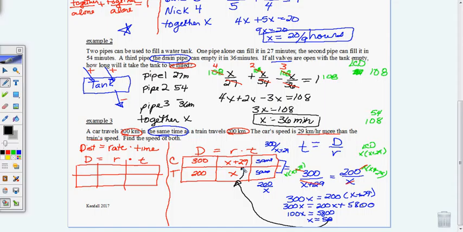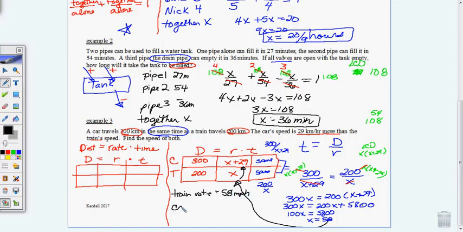You also need to find the rate of the car. So my final answer, it said find the speed of both. Train rate is 58 miles per hour.